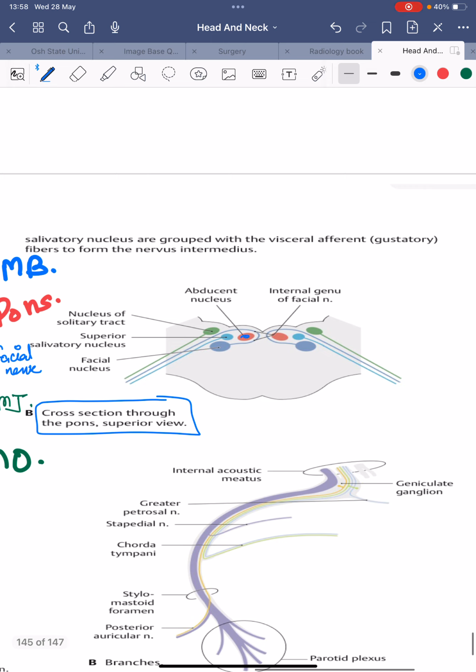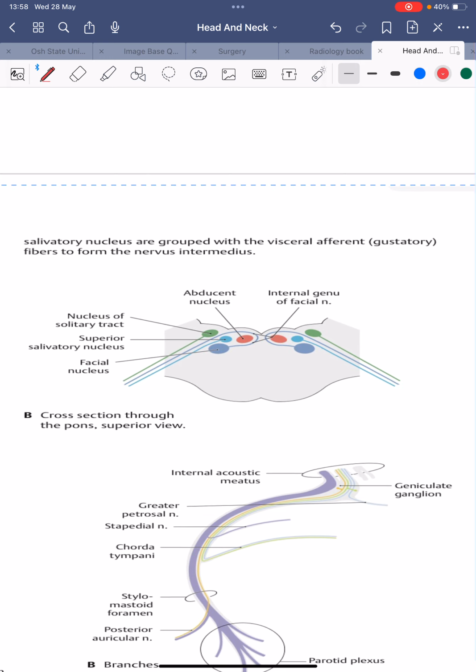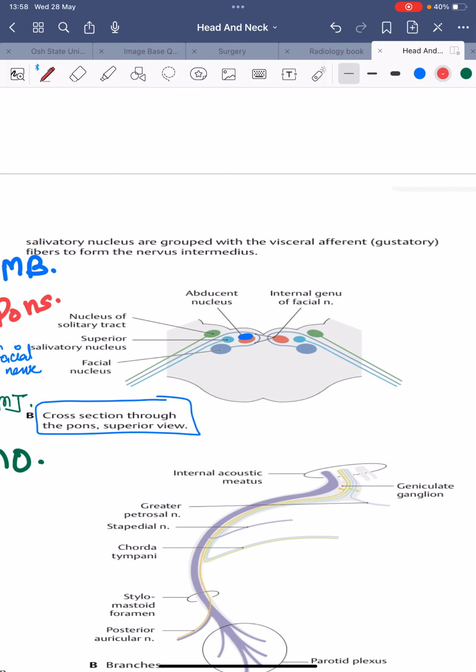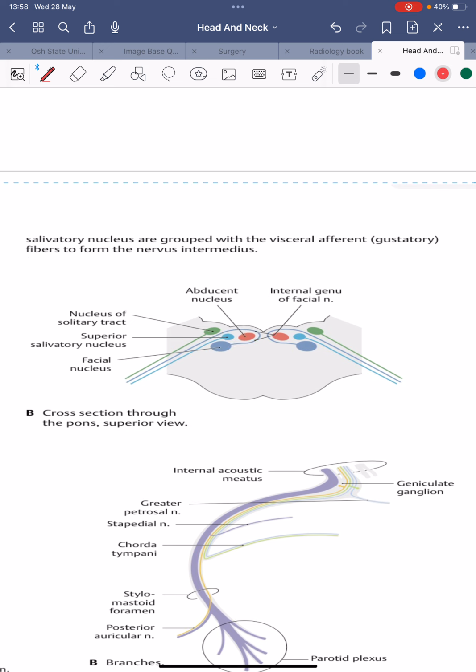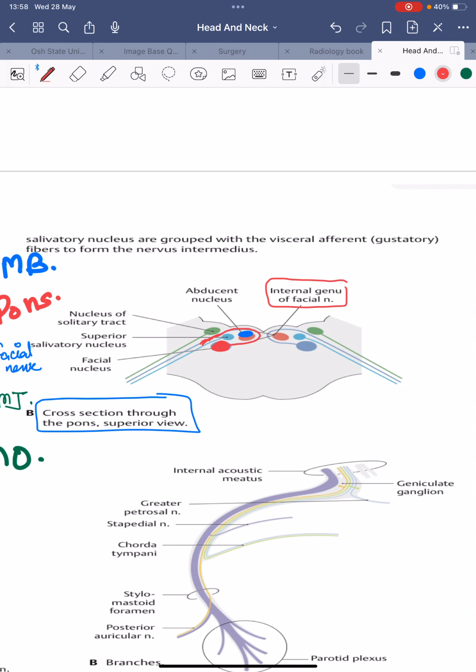This one is your abducens nerve, which I am showing in blue color. This one, which I am showing in red color, is your facial nerve nuclei. Now see here, the fibers are bending around the abducens nerve, and this is known as the internal genu of the facial nerve.